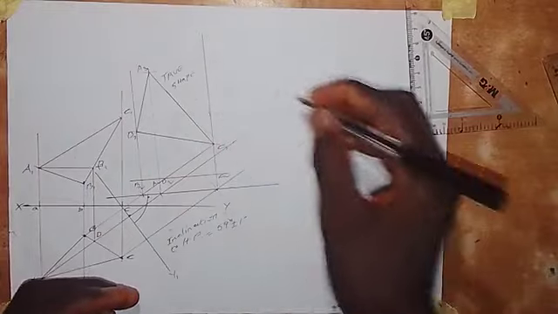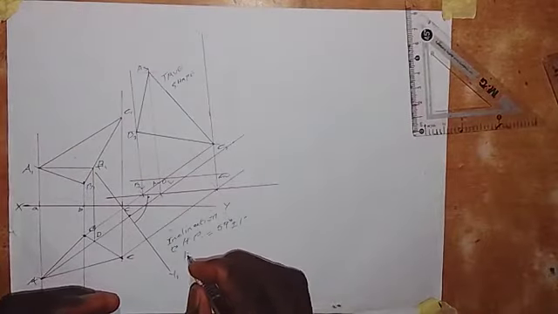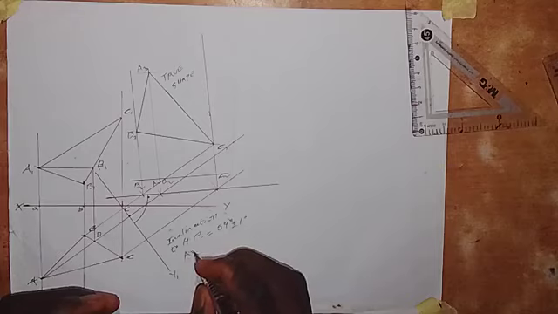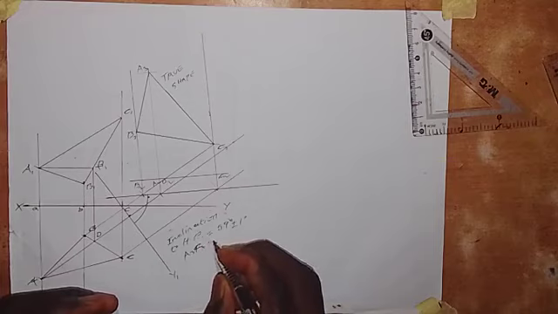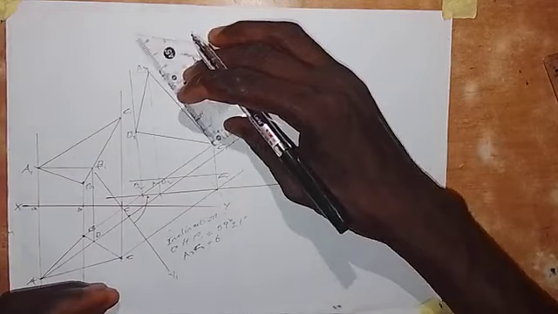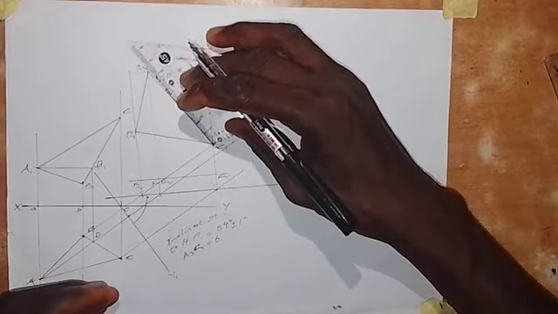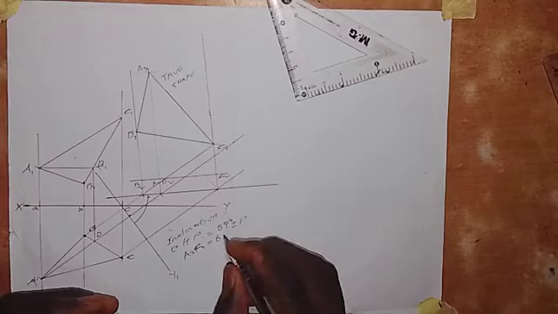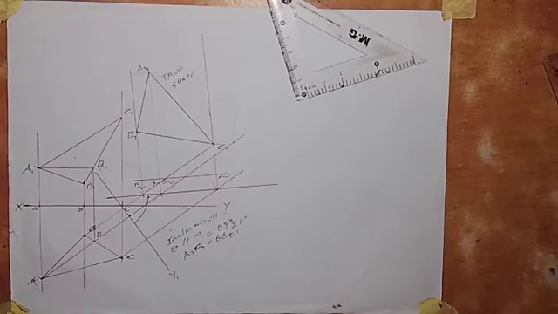So A3C3 is 66, plus or minus 1. So that is what we have for AC for the true shape.